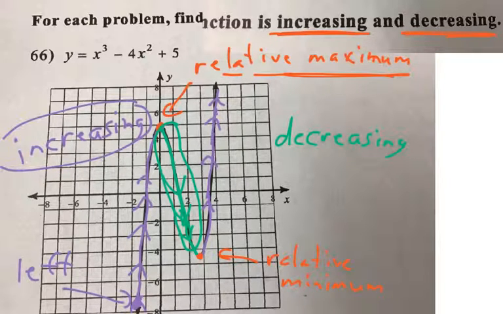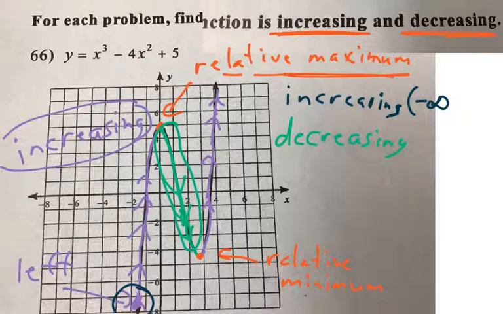So I'll switch to black so it's easier to see. The bottom line is, how can we describe or show this? We would just simply say it's increasing, and we would give an interval. Looks similar to an ordered pair, but basically we're going to put a parentheses. We know the left end is considered negative infinity, guys.